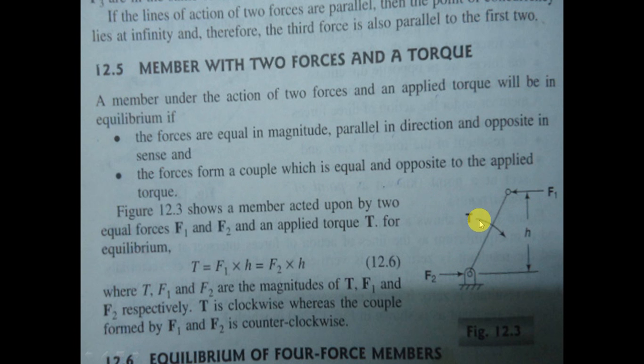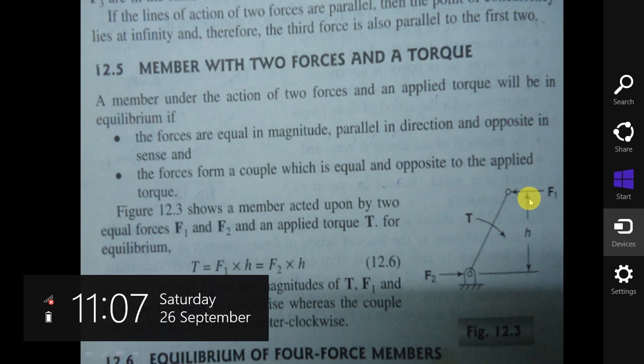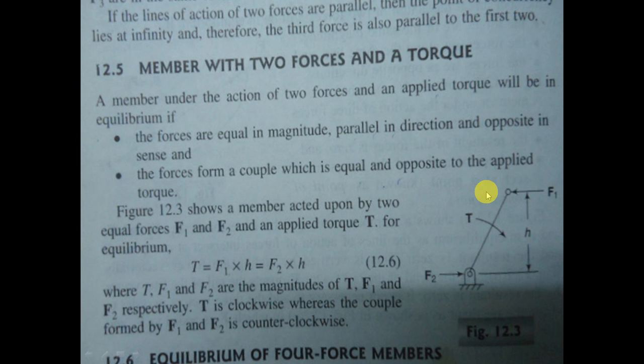So this T, the applied torque, must be equal to the product of F1 into height. So this is the height, the height between F1 and F2. Mind you, this height h is not the length of the link. So when you extend these lines, the distance between the lines of action of F1 and F2 is the height h.